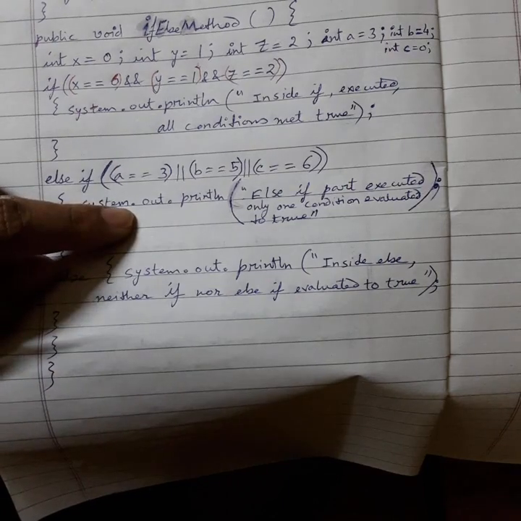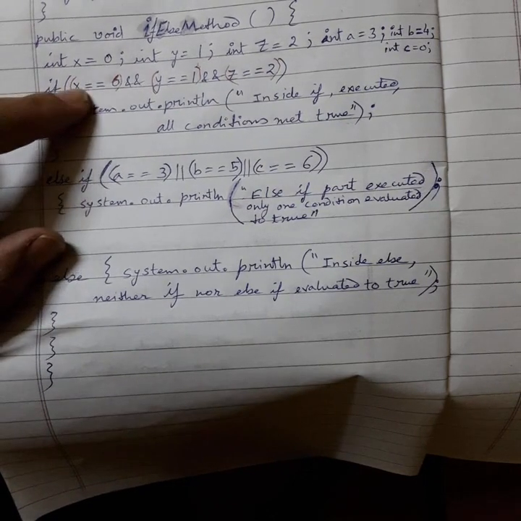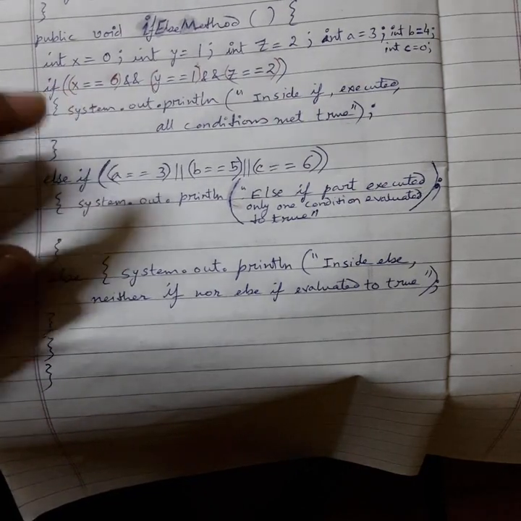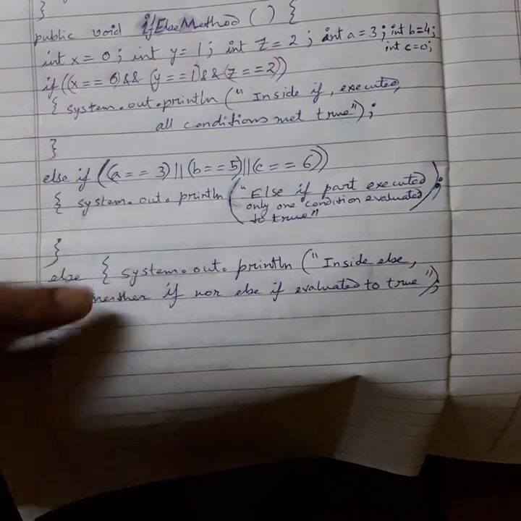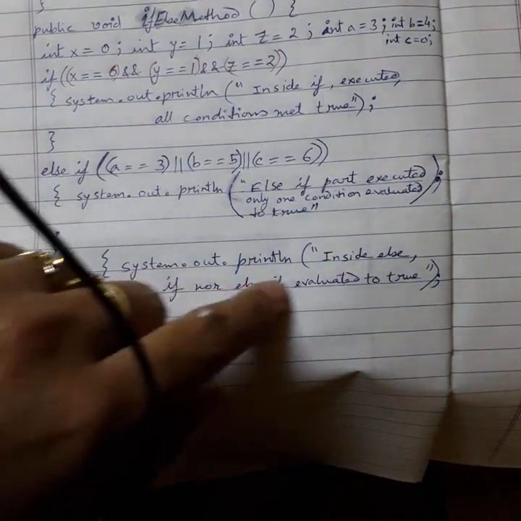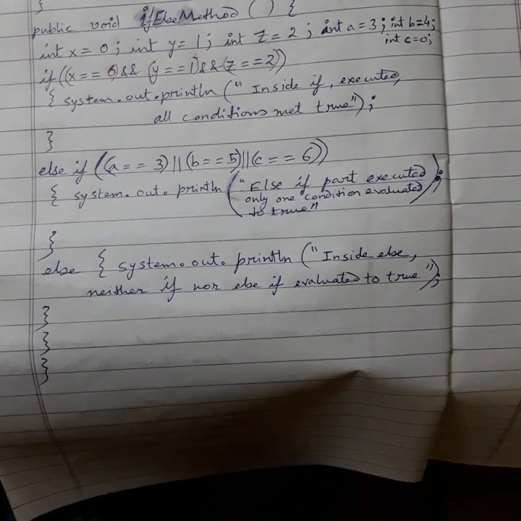If a was not 3, supposedly a was 8, then x is 6 and a is 8, so neither this nor this is executed. Then it comes to the else part and this part is displayed on screen. So this is if else.